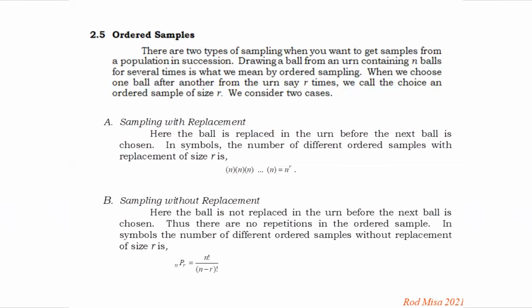So in symbols, the number of different ordered samples without replacement of size r is nPr. In other words, it's the permutation of n taken r at a time. So this is equal to n factorial divided by n minus r factorial.